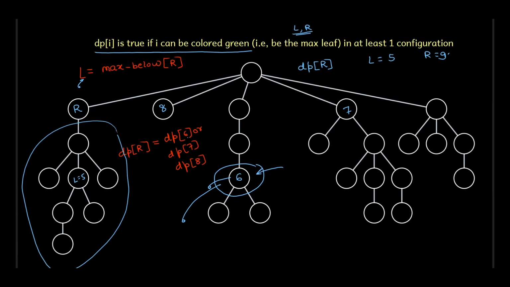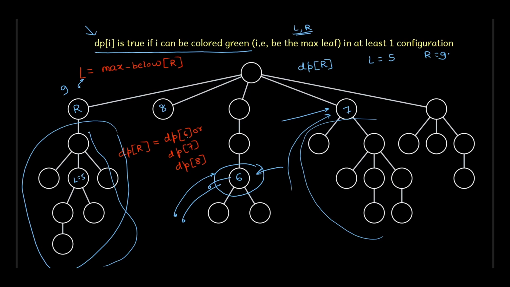Once this has been cleared out, since nobody else was competing with 6 beforehand, only you are in competition, and since you are 9, you will win the battle and become green. Same for 7. If you can expose 7 as the maximal leaf, then with this fixed pivot you can delete this entire subtree, and eventually 7 and 9 compete and 9 wins.